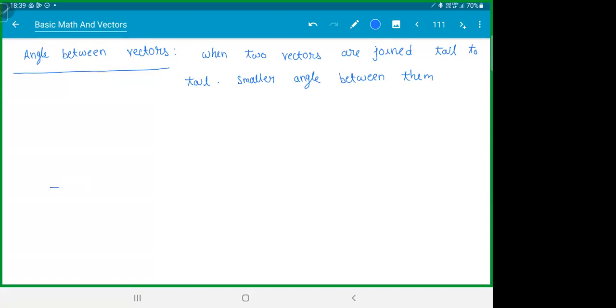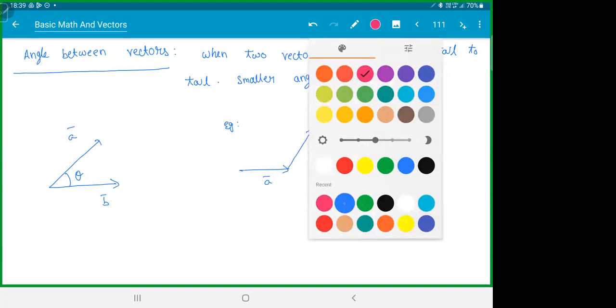This is important. If you have a vector a bar and b bar, this is defined as angle theta.